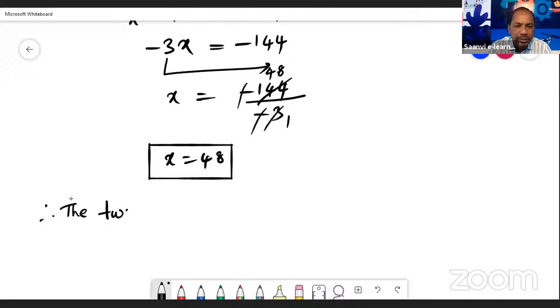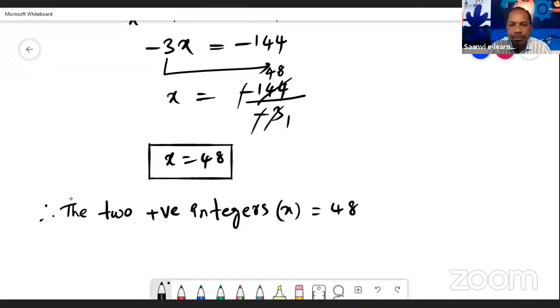The two positive integers are x and x minus 36, according to the given hint.